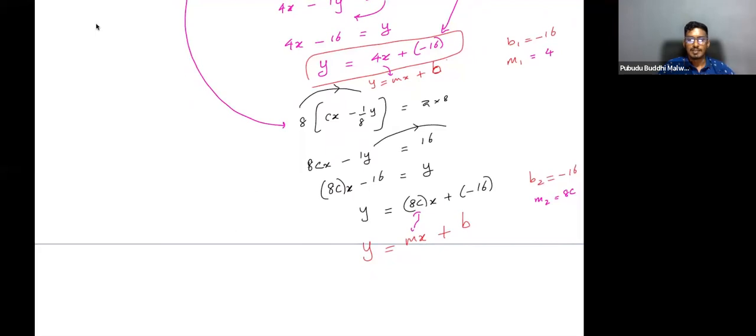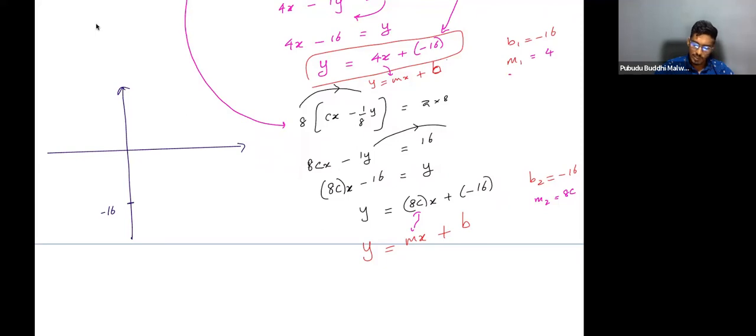Can you visualize that? That minus 16 is the y-intercept, right? So both of these lines surely go through this point, minus 16. They intersect the y-axis at this point. But I can draw so many lines.